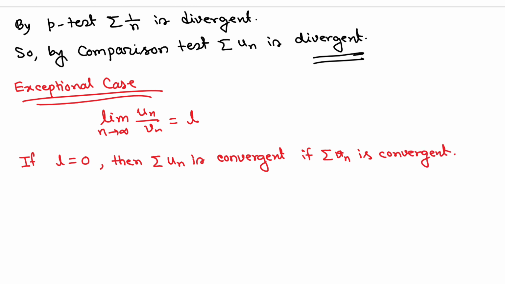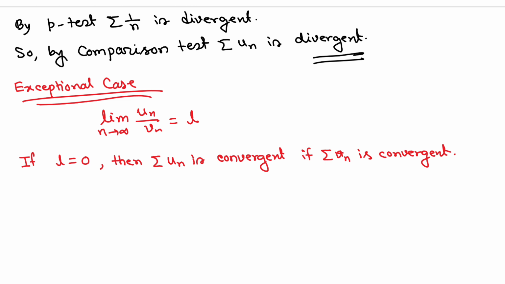So if summation vn is divergent, then we don't know; then we have to apply another test. This is only a one-way statement. If L equals 0, then summation un will be convergent if summation vn is convergent. There will not be any other conclusion. If vn is divergent, we don't know when L equals 0.